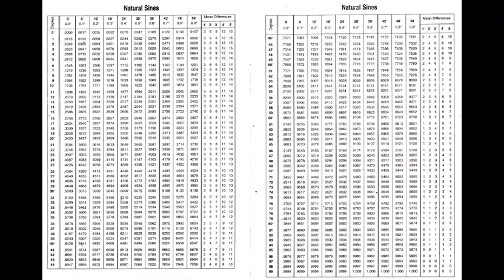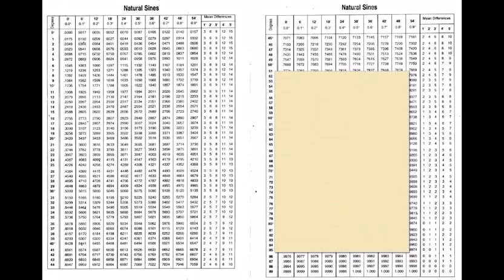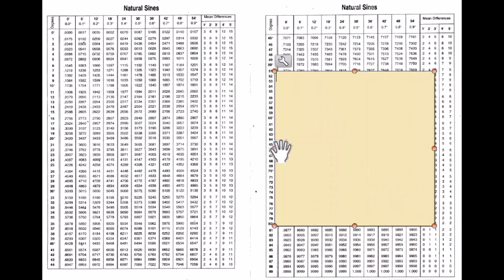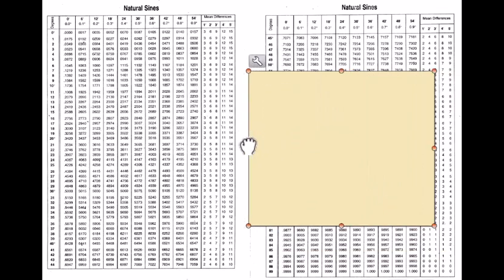So let's get started. This is how the natural science tables look like. Let's take some examples, similar to the example that we had taken while we were studying the process of finding the sine and the tangent and the cosine.